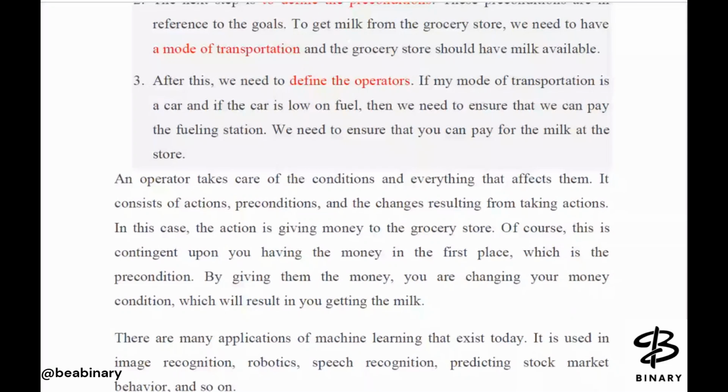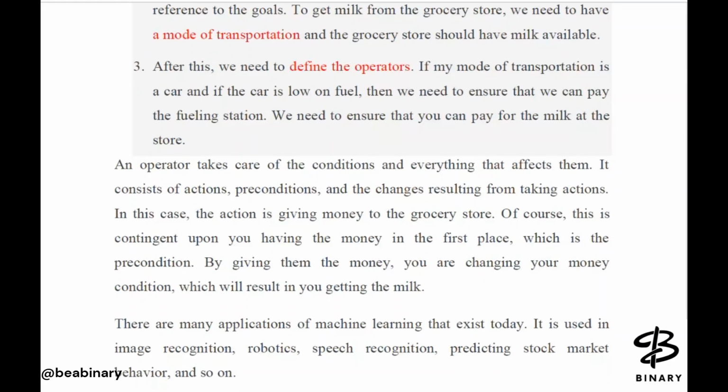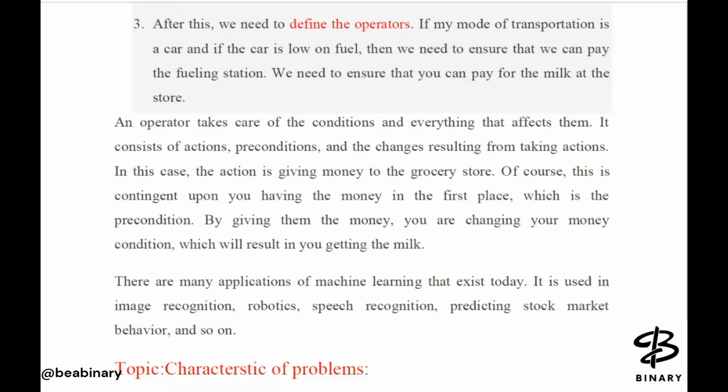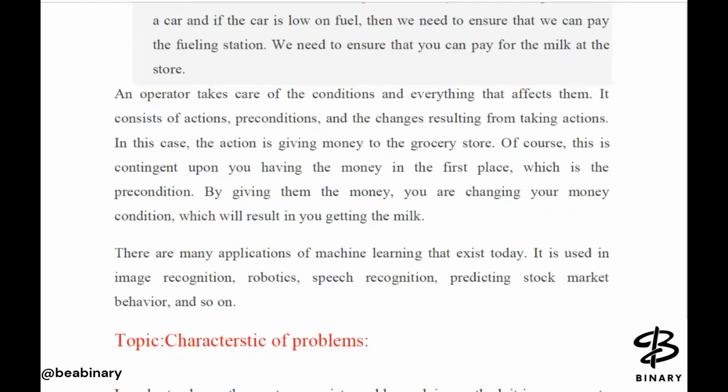In this case, the action is giving money to the grocery store. If you are not giving money to the grocery store, you cannot get milk from there. Of course, this is contingent upon you having the money in the first place, which is the first precondition. By giving them the money, you are changing your money condition, which results in your getting the milk. Simply put, if an action is performed, an event will occur, and after a particular event, another action will be performed.